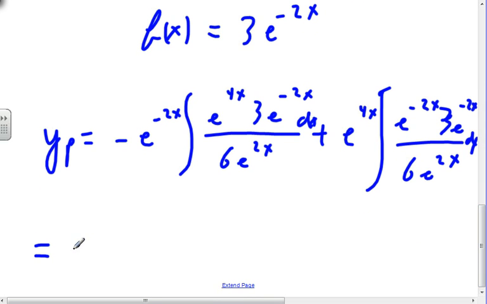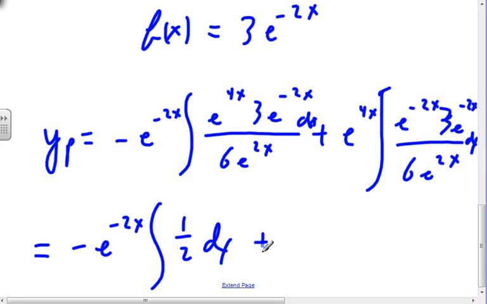Okay, so I've got minus e to the minus 2x integral. All right, now I've got e to the minus 2x, e to the minus 2x, e to the 4x, they all go away. I got 1/2 dx plus e to the 4x integral. I got 1/2 e to the minus 6x dx.